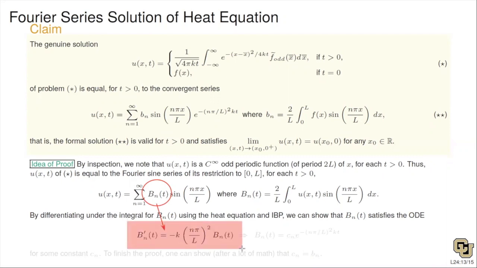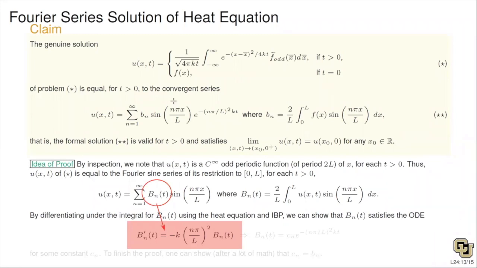by using techniques very similar to what we did in the uniqueness proof, where you bring the derivative under the integral, take the derivative, and then use the heat equation. In our notation, we had v partial t; replace that with the heat equation, k times v partial xx, and do a couple of integration by parts. And we can get this differential equation out of it.